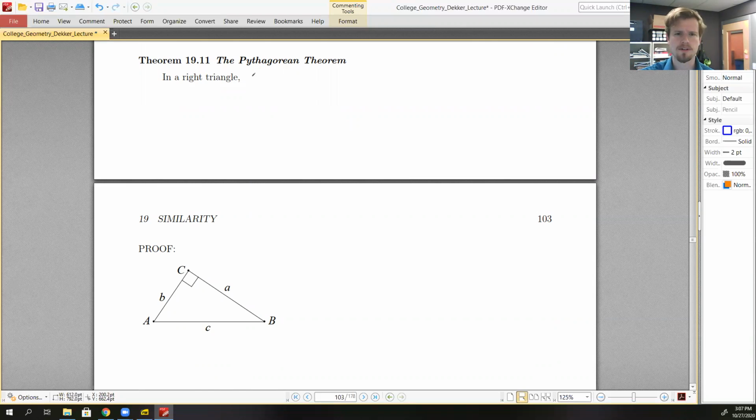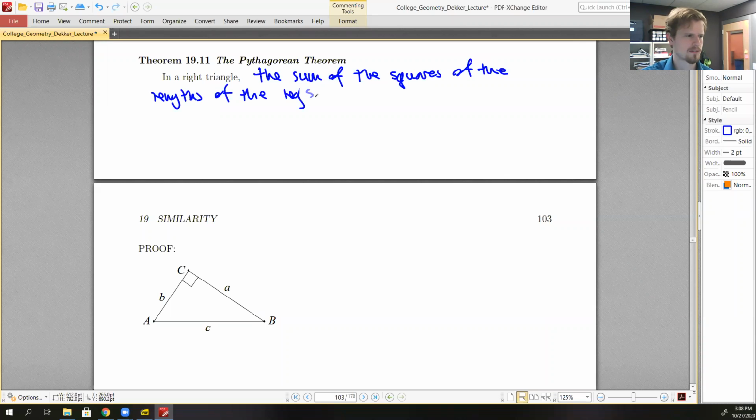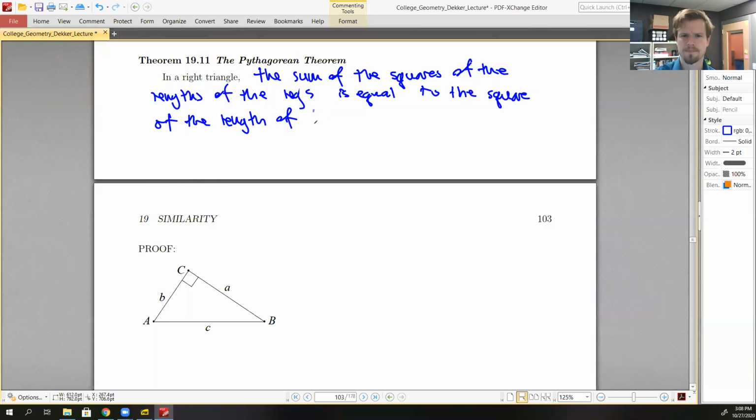So in a right triangle, the sum of the squares of the lengths of the legs is equal to the square of the length of the hypotenuse.